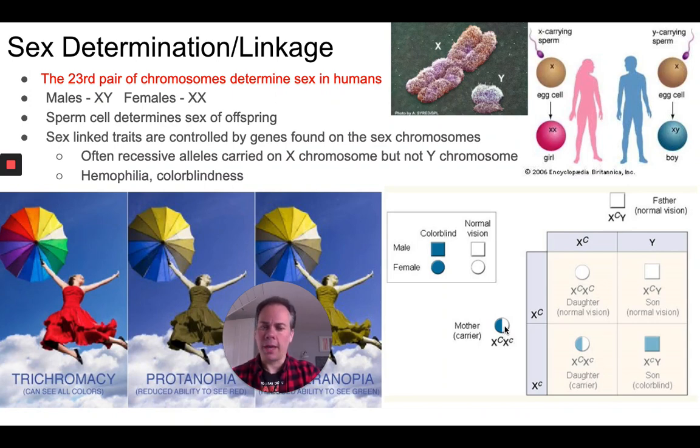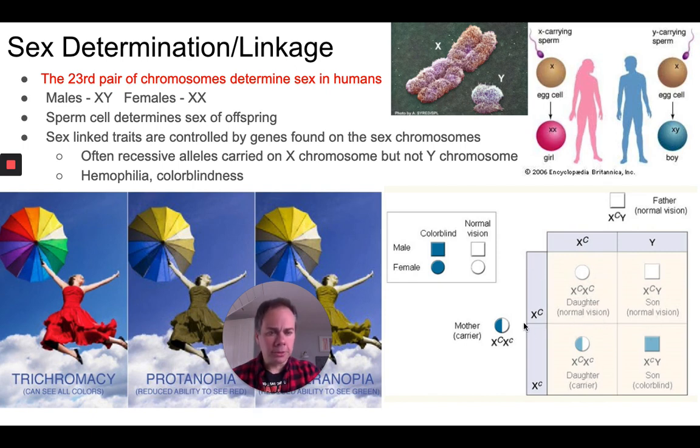She would not be colorblind because she has a normal vision allele, but she is a carrier. So we put her genes on the side of the Punnett square: big X big C, little x little c. We then complete our Punnett square as we normally would.